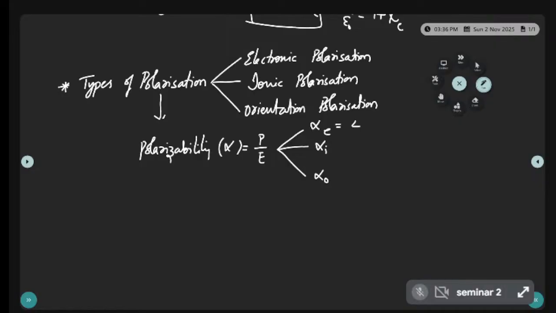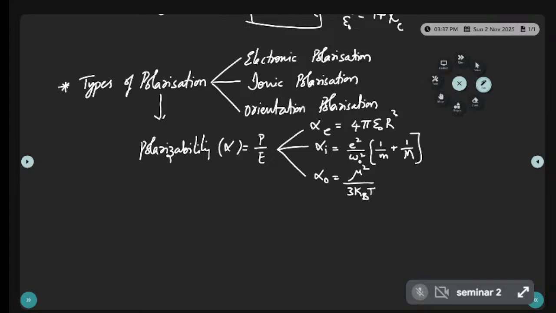Alpha E is 4 pi epsilon naught r cube. Alpha I is E square by omega naught square into 1 by small m plus 1 by capital M. Alpha O is mu square by 3 kB into T. So these are the types of polarizabilities: electronic, ionic and orientation polarizability.